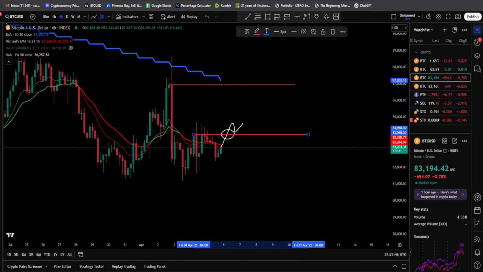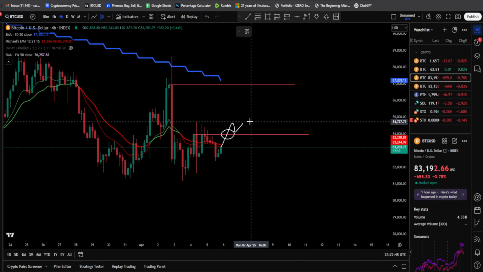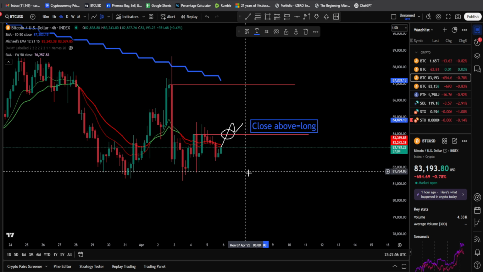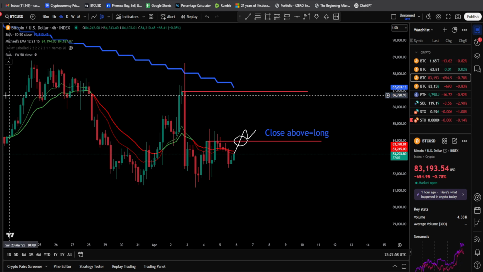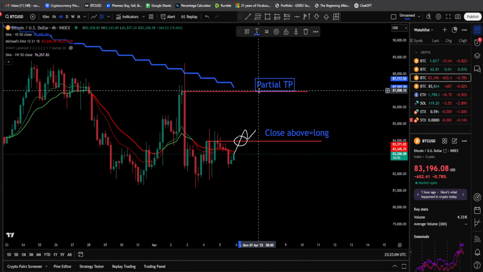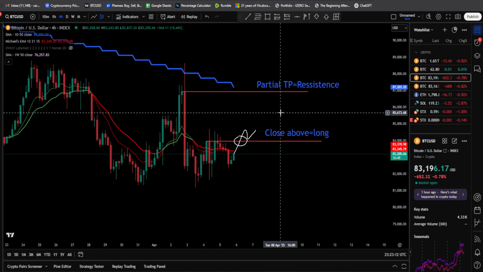This line right here, so we need to close above here. Equals long. And then partial take profit, because resistance. We can say equals resistance.